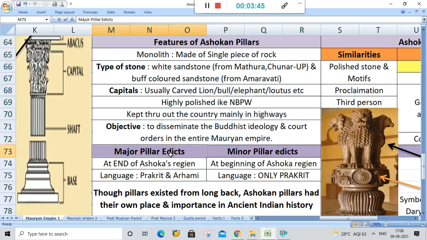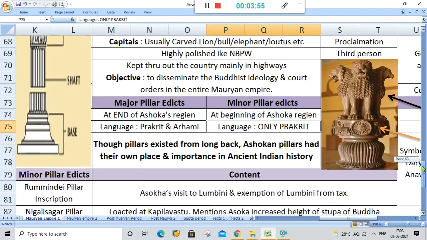We have noticed that the pillars are also divided into major pillar edicts and minor pillar edicts in the previous class. So let's know the details about this. Major pillar edicts were carved at the end of the Ashokan regime.